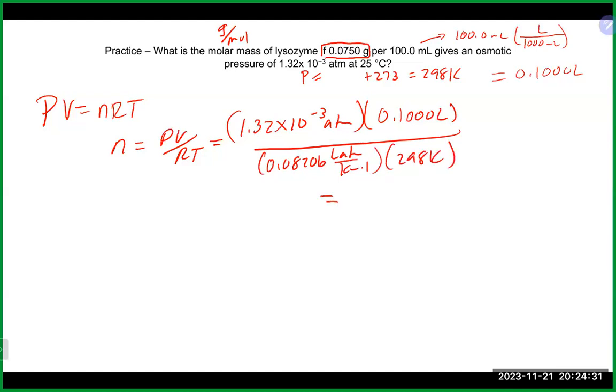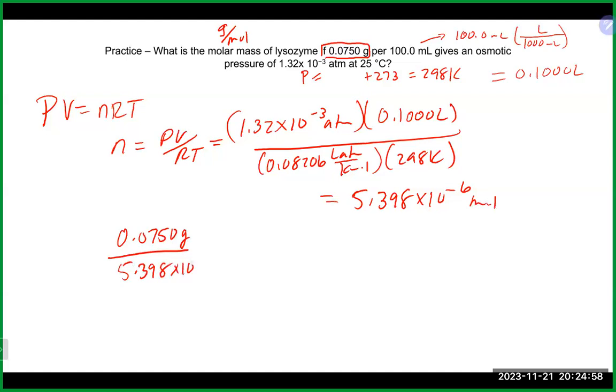That's 1.32 times 10 to the minus 3 times 0.1 divided by 0.08206 divided by 298, which gets us 5.398 times 10 to the minus 6 moles. Once again, we're already given it in grams, so all that's left to do is divide those two and see what we come up with here.